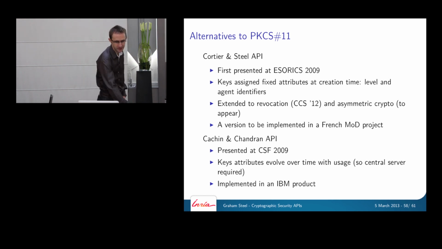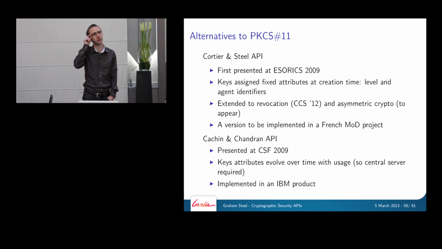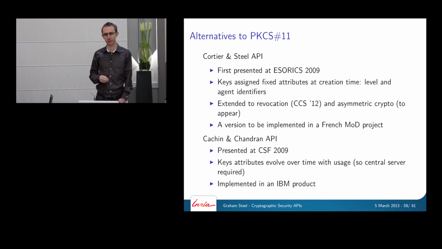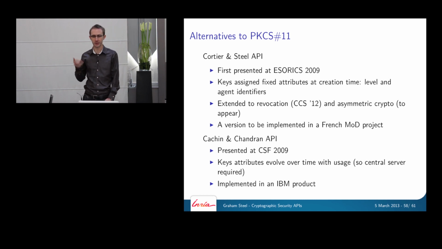And in a paper at CCS 2012, we extended this to key revocation. So what do you do if you find that, no matter the fact that you're using secure hardware, somehow you've lost a key? How can you apply some revocation operations and have some security guarantee about the state of your device afterwards? And recently we've extended it from just symmetric to asymmetric crypto as well.